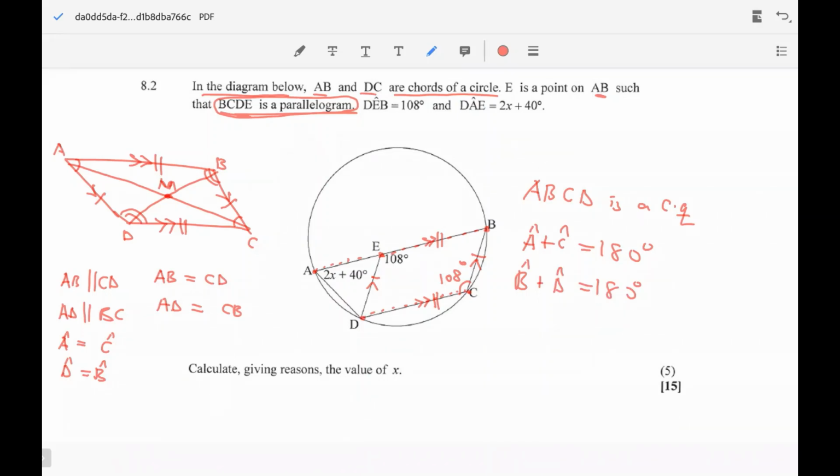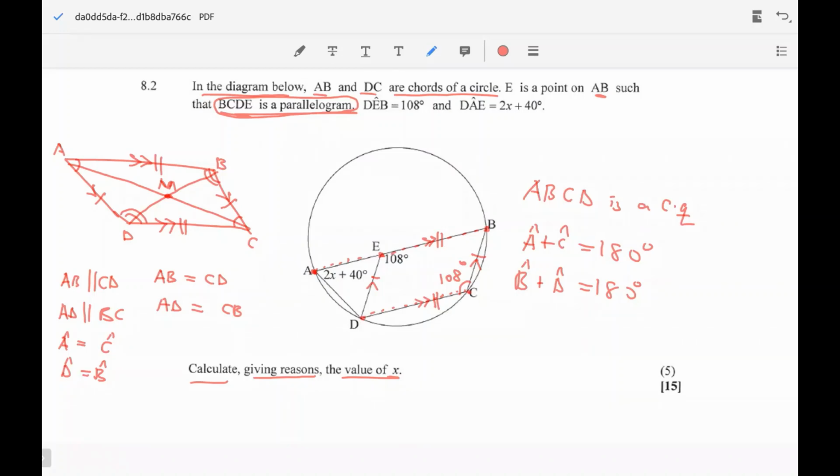What does the question want? Calculate, giving reasons, the value of x. So where is x? x is actually angle A, and we are given 108. And please note that 108 is not at the center. Point E is not the center, because that's one mistake candidates make.